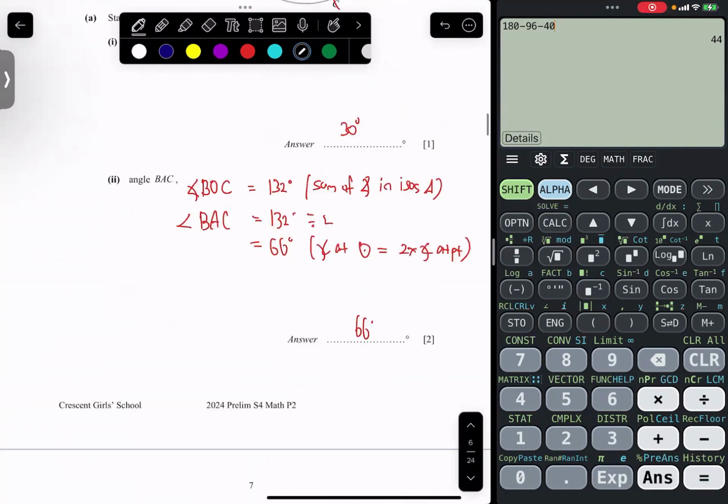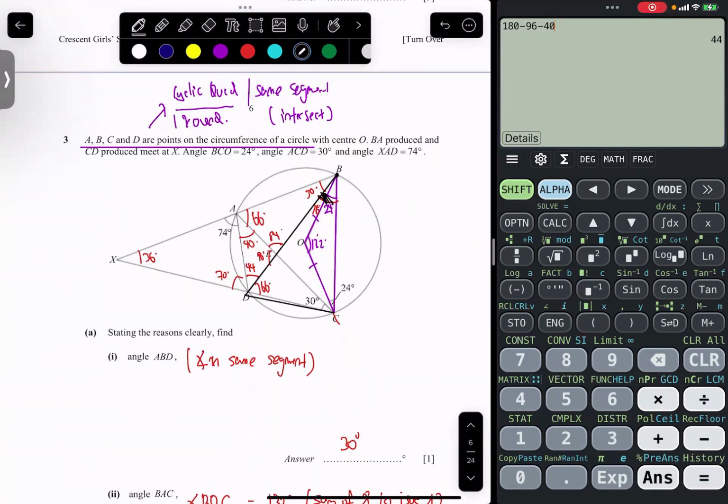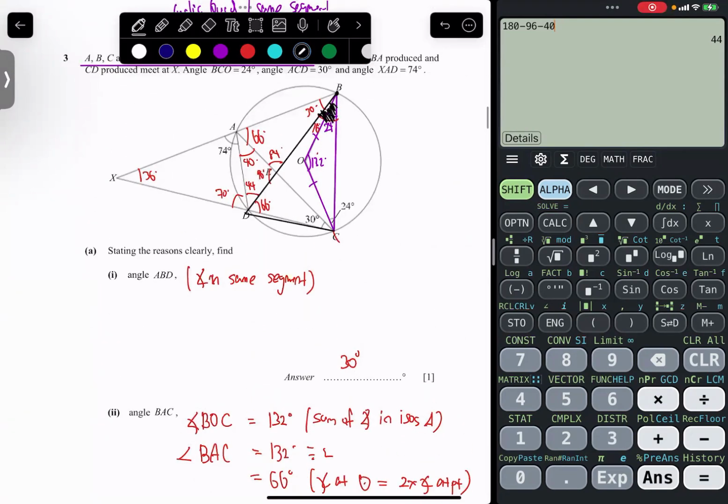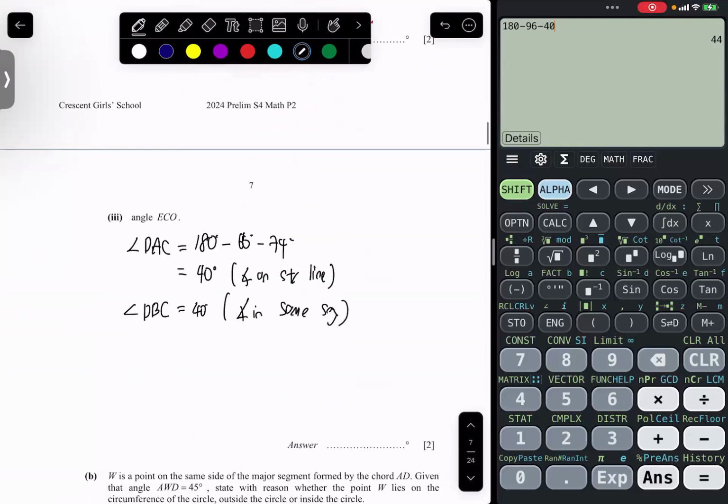Okay, so we got this part of the angle settled. And then we have the 66 degrees. Angle BDC equals 66 because angles in same segment as well.